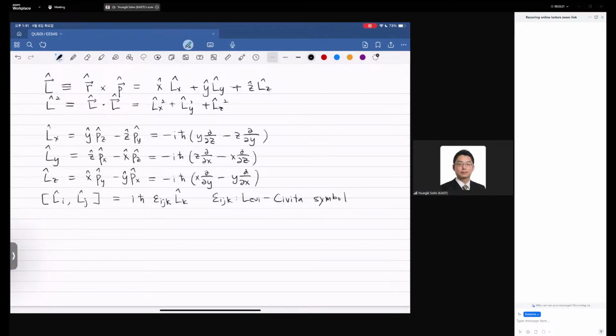Then this vector outer product we directly applied to the quantum operators, and we got L as an operator. Its three components x, y, z satisfy this commutation relationship. That's what we learned last time.